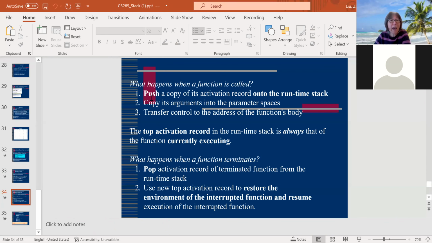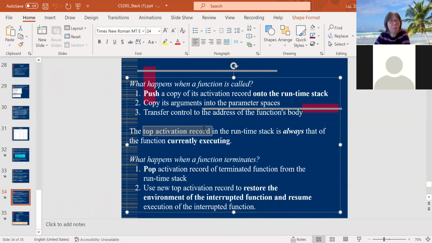So what happens is that when a method gets called, it pushes a copy of its activation record onto the runtime stack, then copies all of its arguments into the parameter space, and transfers control to the address of the function's body. Okay, and the top activation record is always the function that is currently being executed.